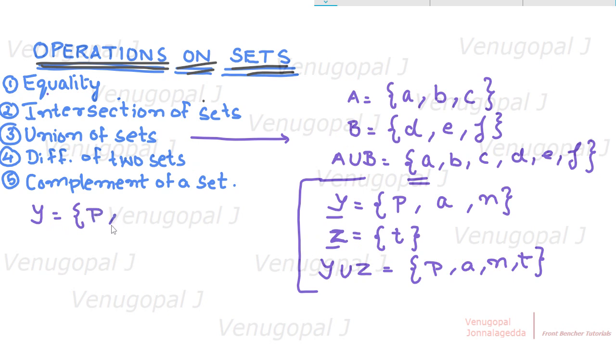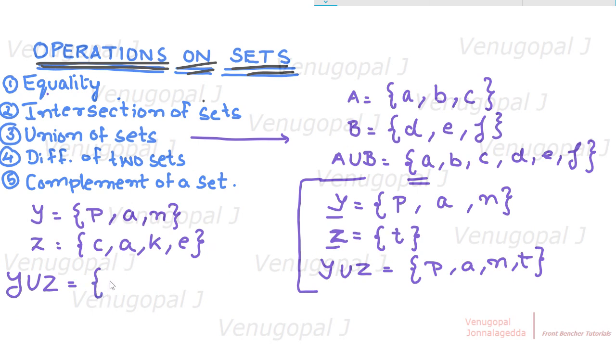I'll retain all the elements of Y, and I'll have Z, which now has a set of 4 elements: C, A, K, E. So according to our theory of union, when we have a union of Y union Z, we should have all the elements of both Y and Z. So here we have all the elements.